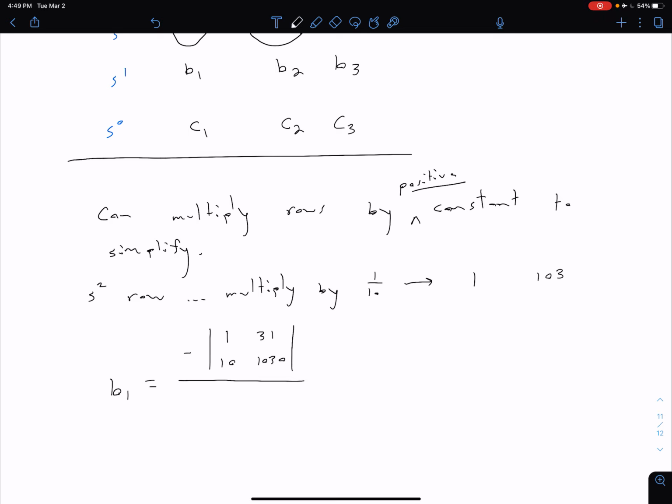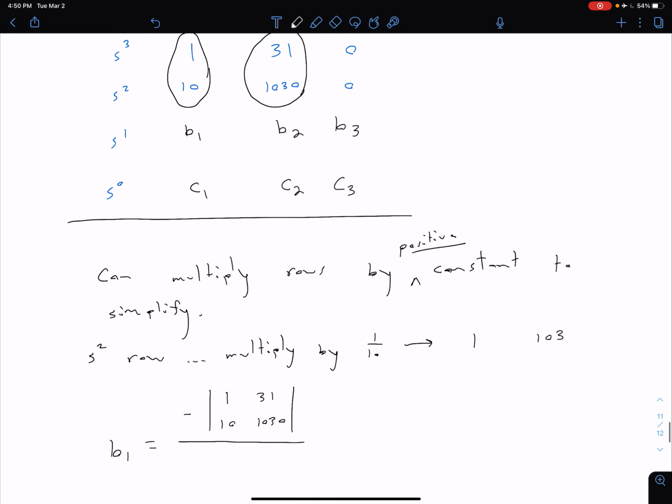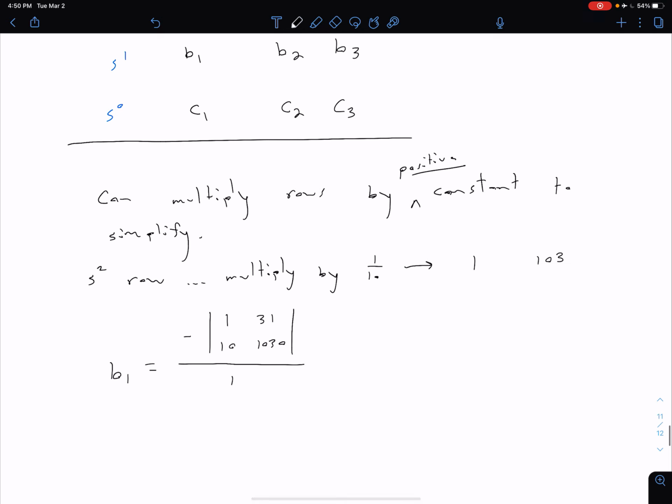If we had reduced that 10 and 1030 to a 1 and 103, we have a reduction by a factor of 10 when we take this product, and a reduction by a factor of 10 when we take this product. So the two reductions cancel out, and then we're dividing that by 10. If you plug in and calculate that, you should get a value of negative 72.